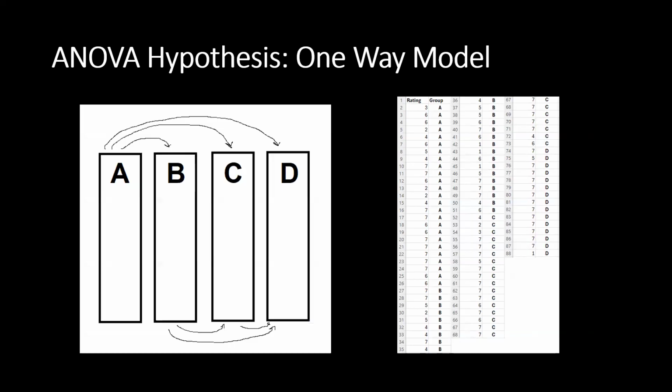So remember, and we discussed this in the slides as it relates to the t-test, if we were to run a t-test similar to what we're seeking to achieve with this ANOVA, we would have to run multiple t-tests. So let's say we wanted to compare group A to group B, group A to group C, and group A to group D, and group B to group C, and group B to group D, and group C to group D, well, we'd have to run 1, 2, 3, 4, 5, 6 separate t-tests.